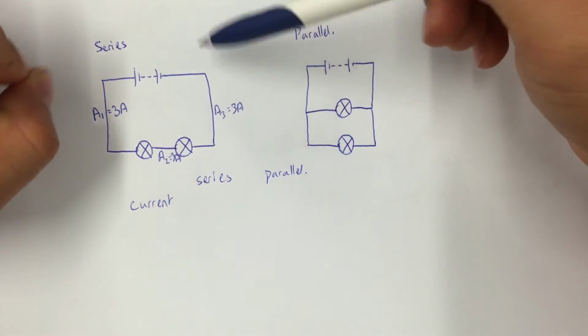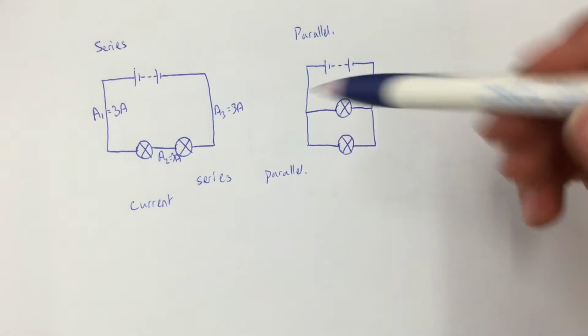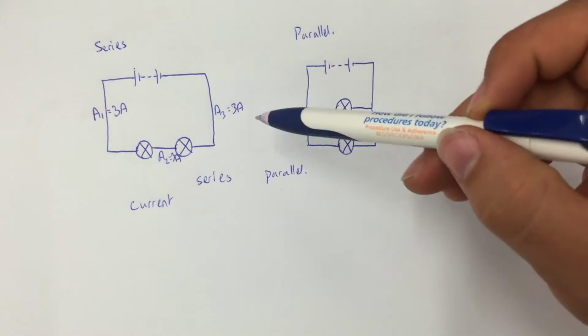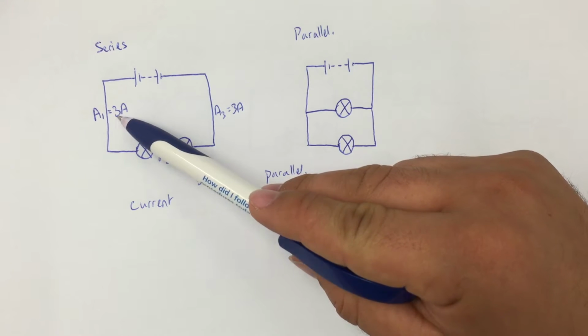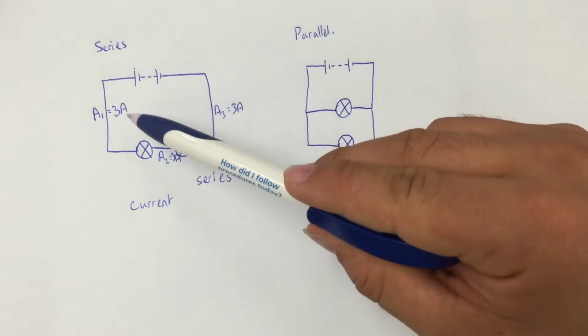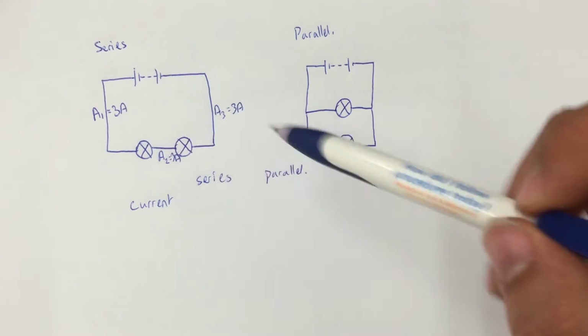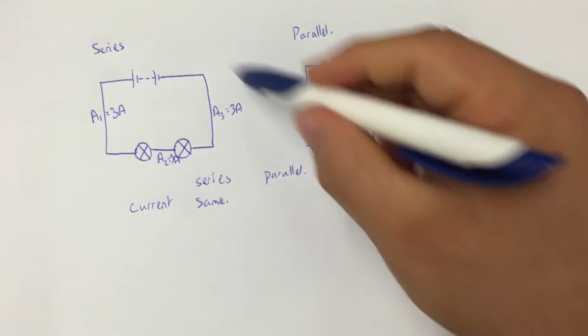They can't vanish. It's not Back to the Future, it's not the DeLorean, so the cars aren't going to disappear magically. That's just not going to happen. So however many electrons I have at this point, I've got to have the same number over here. So current in a series circuit is the same everywhere, okay?